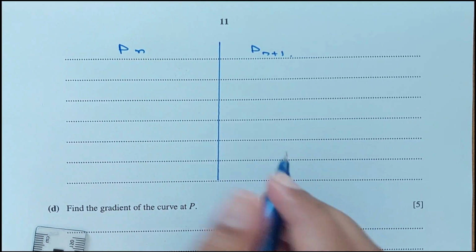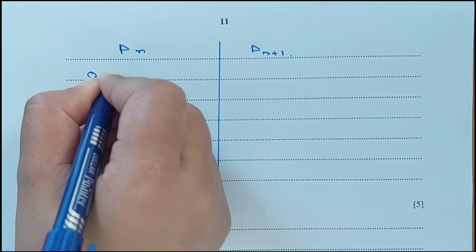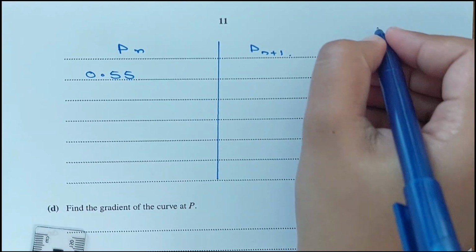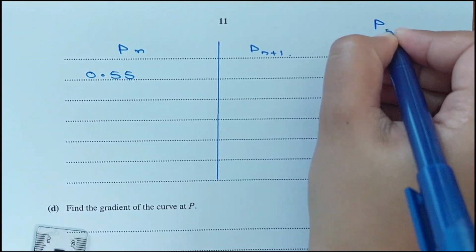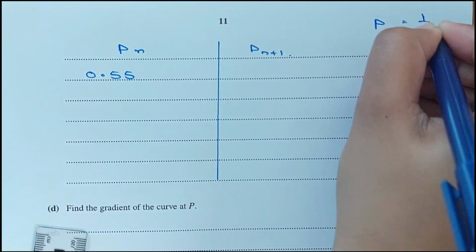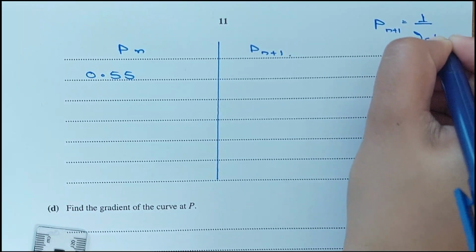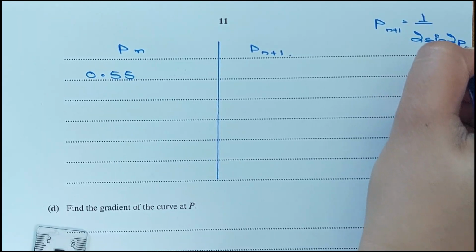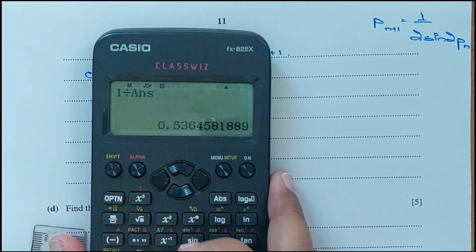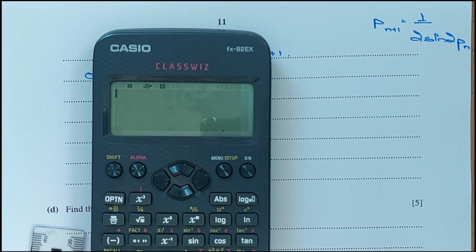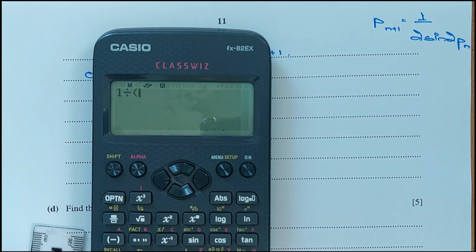We can say Pn is here and Pn plus 1 is here. Up to 5 significant figures we can calculate it. The first value is 0.55, and the equation is Pn plus 1 is 1 over 2 sine 2Pn. So 1 over 2 sine 2 times Pn, where Pn is 0.55.